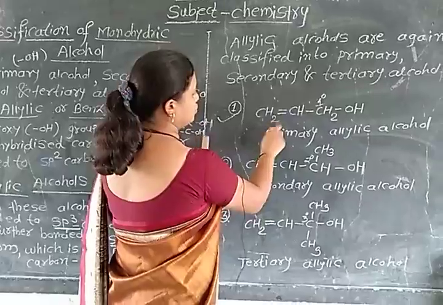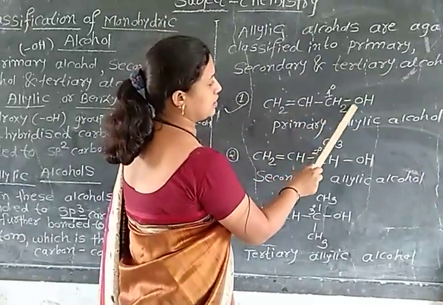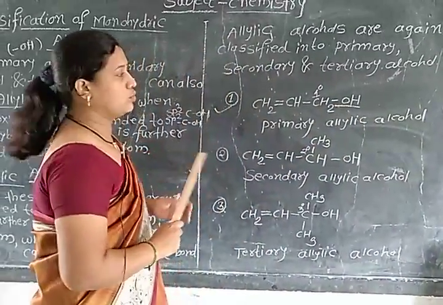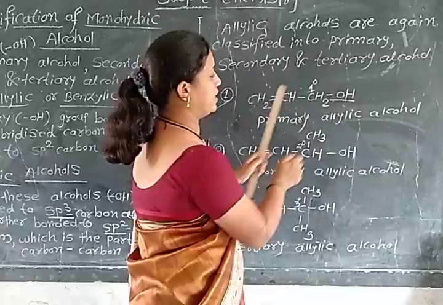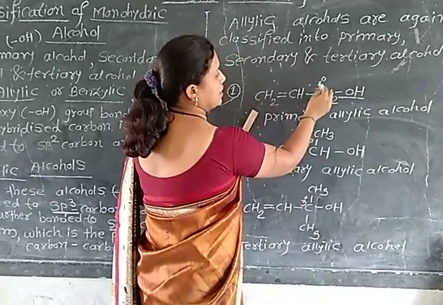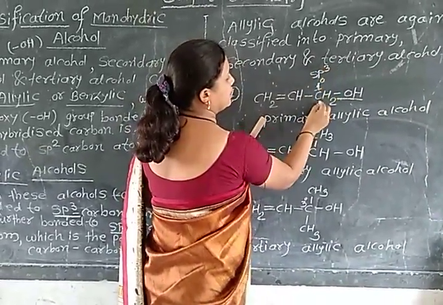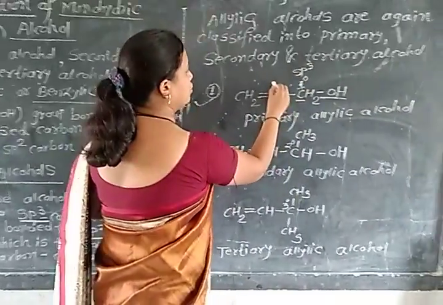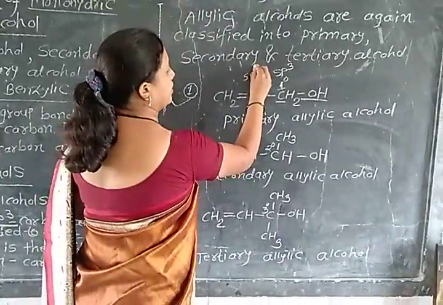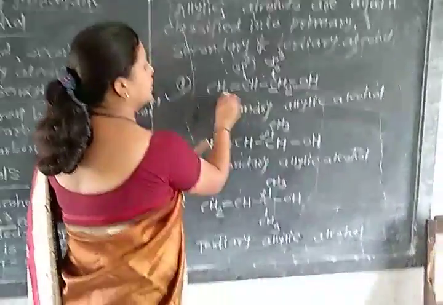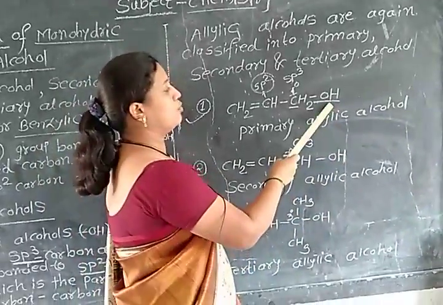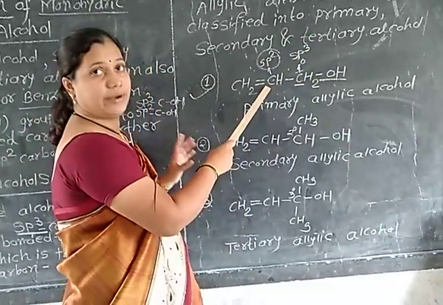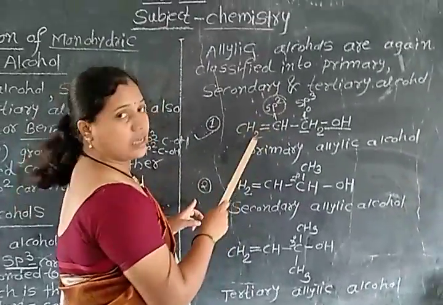This is the example: CH2 double bond CH, single bond CH2, single bond OH. The hydroxyl group is bonded to an sp3 hybridized carbon, which is a primary carbon. This sp3 hybridized carbon atom is further bonded to an sp2 hybridized carbon atom, which is part of a carbon-carbon double bond.